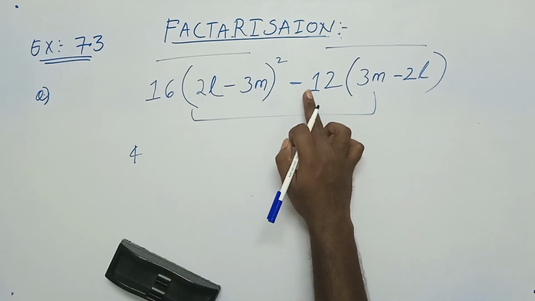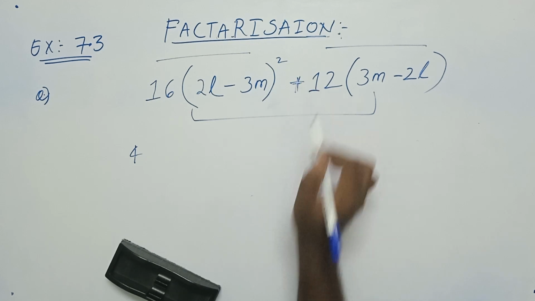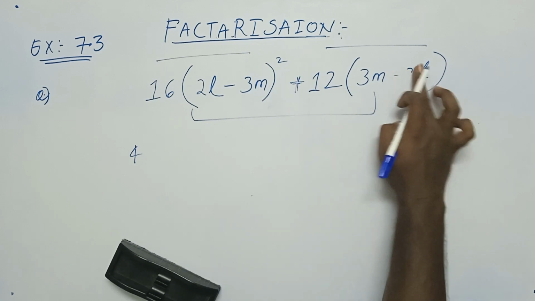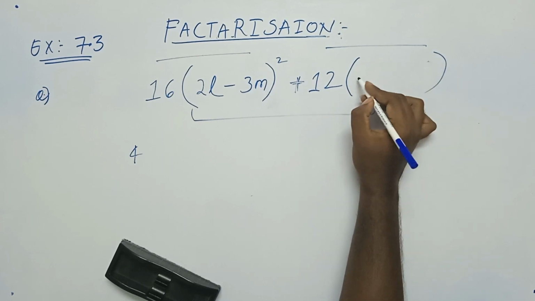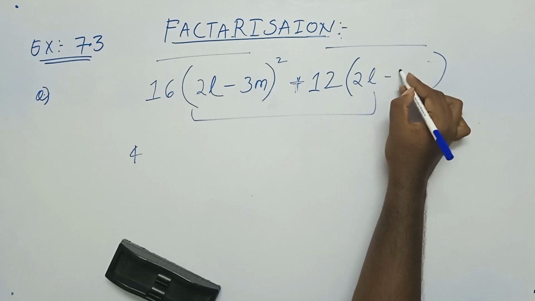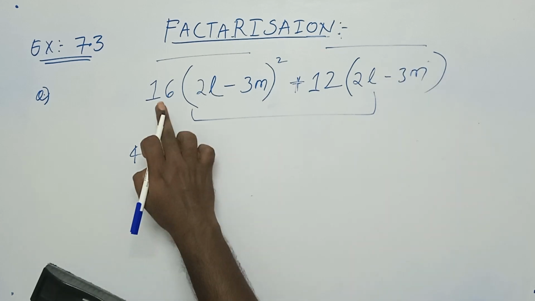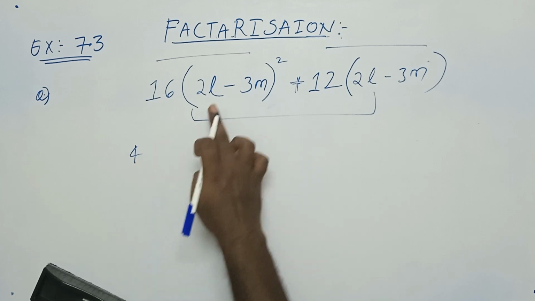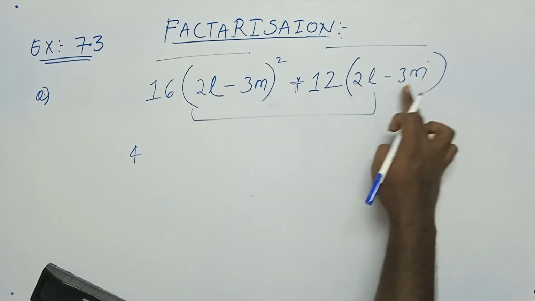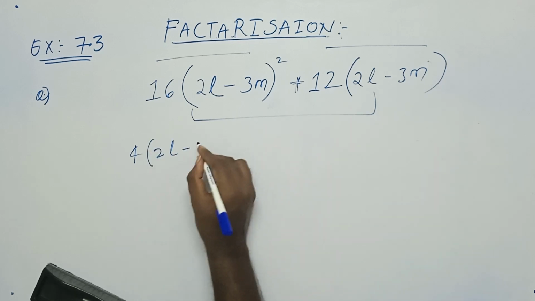We are going to rewrite this as plus 12 of (2l minus 3m). Now 16 and 12, the HCF is 4. We have taken common 4. (2l minus 3m) and (2l minus 3m), so the common factor is (2l minus 3m).